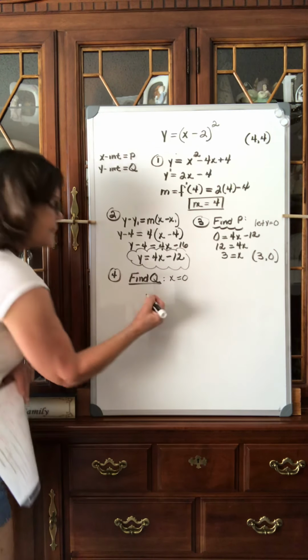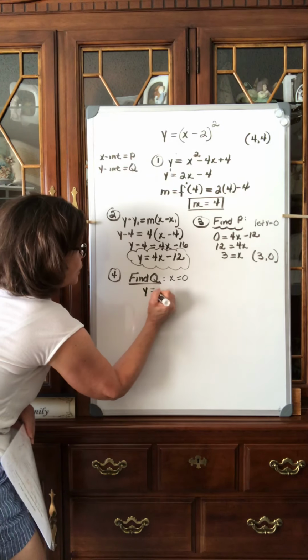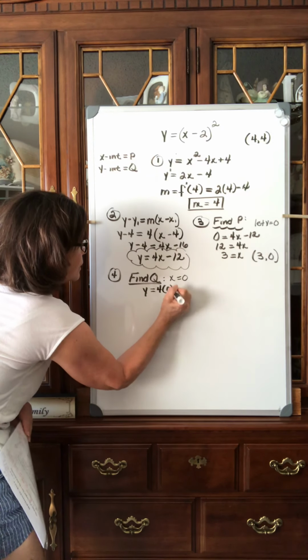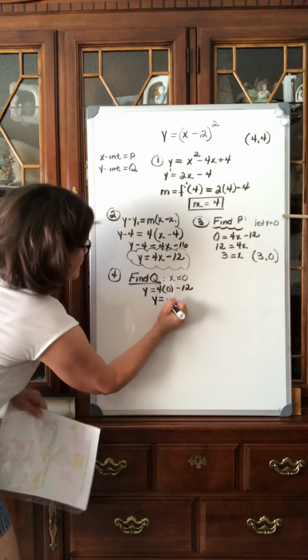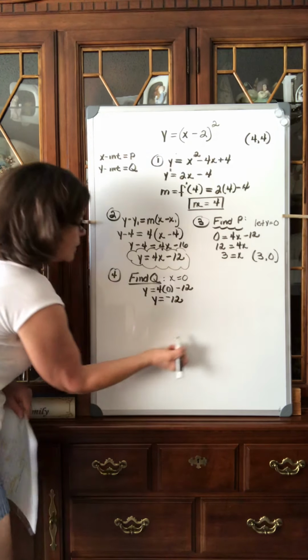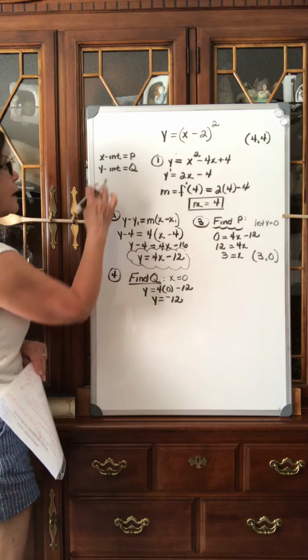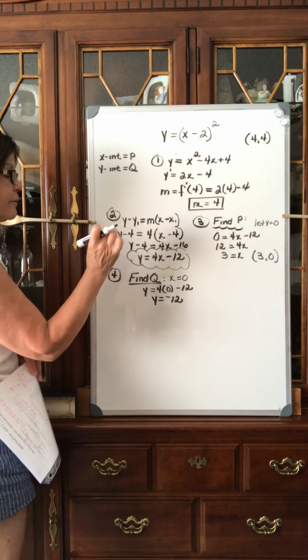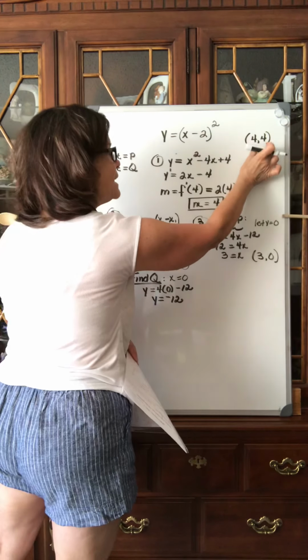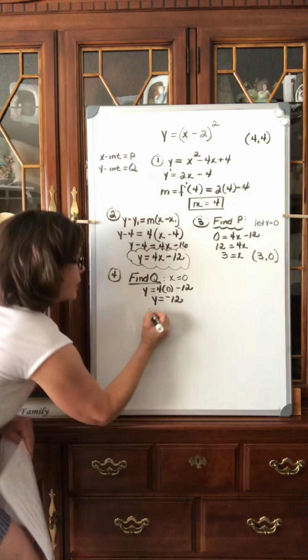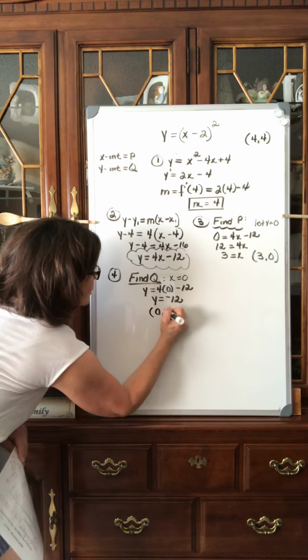I'm going to let x equal 0, so y is equal to 4 times 0 minus 12. y equals negative 12. So the coordinates of the y-intercept of the tangent line to this parabola at this xy ordered pair are (0, -12).